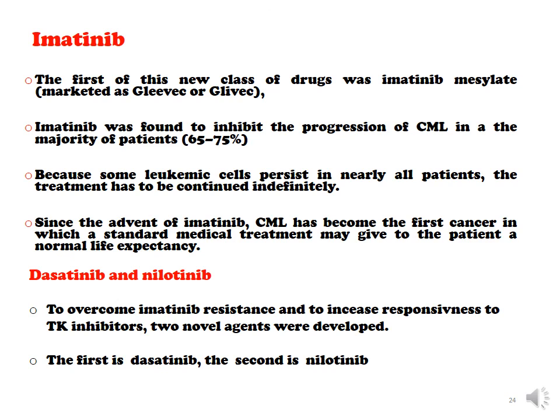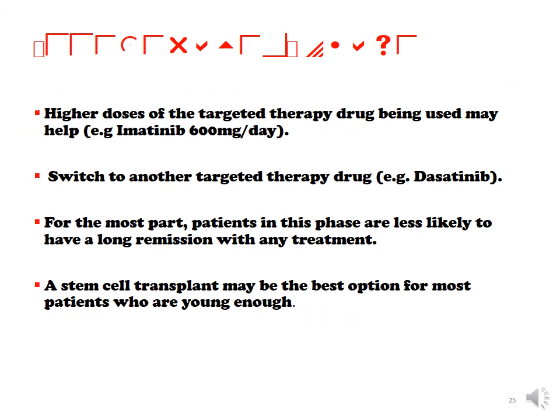What are the TKIs? We have the first generation, which is imatinib, with the trade name Gleevec, and it is found to inhibit progression of CML in the majority of patients. Then we go to the second and third generation TKIs, which are dasatinib and nilotinib. If you fail first-line imatinib at the start or at any point of your treatment, you have these lines.